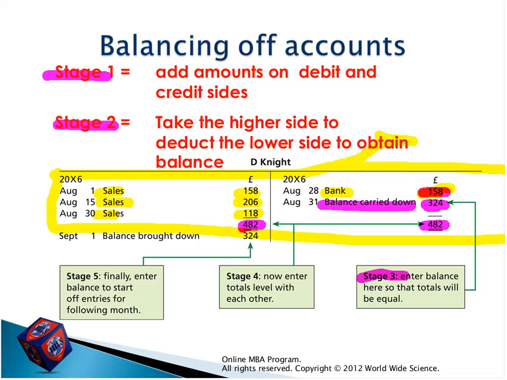The stage 5. Finally, enter the balance to start off entries from the following months. The step 1. So we have to the balance brought down. So we should put the 324, and this comes for the next month.